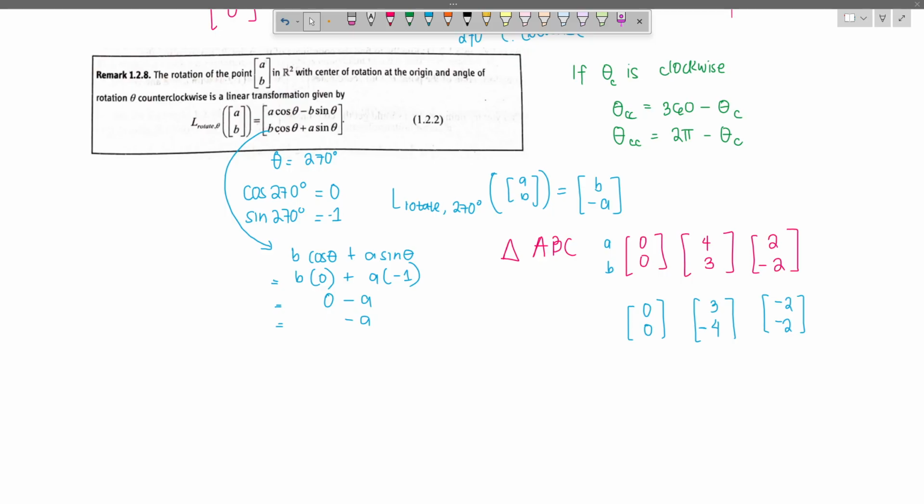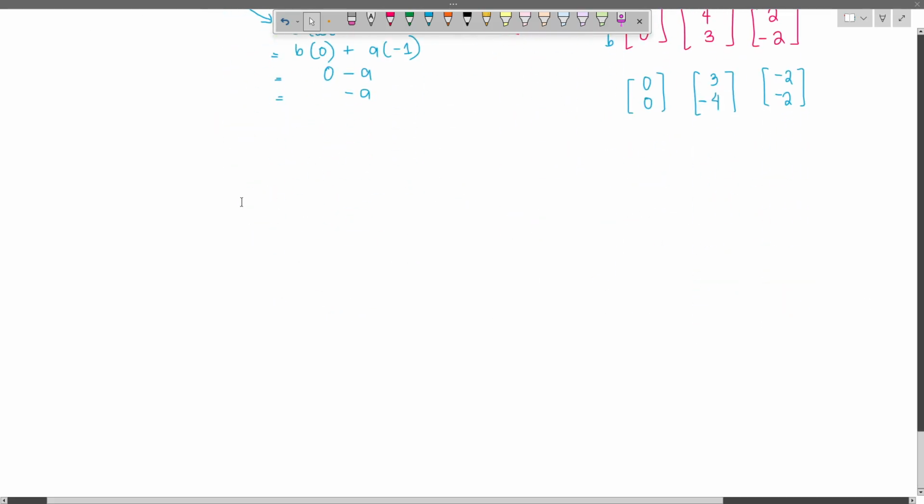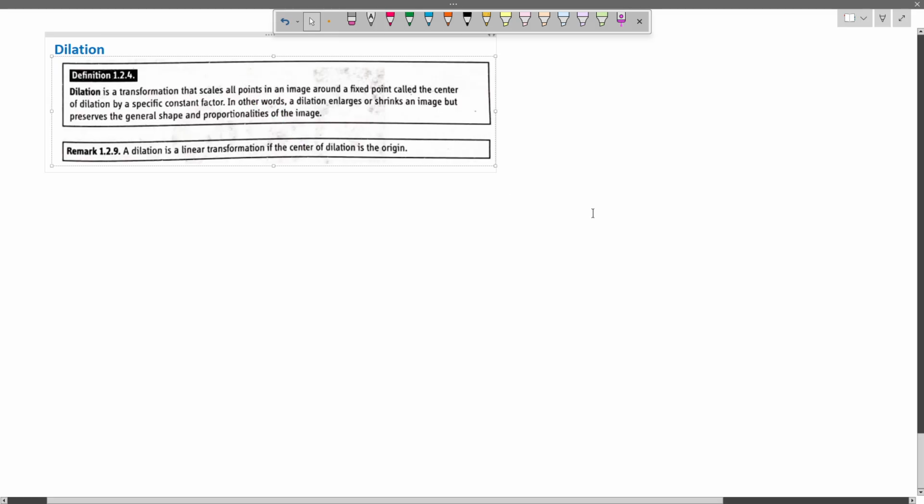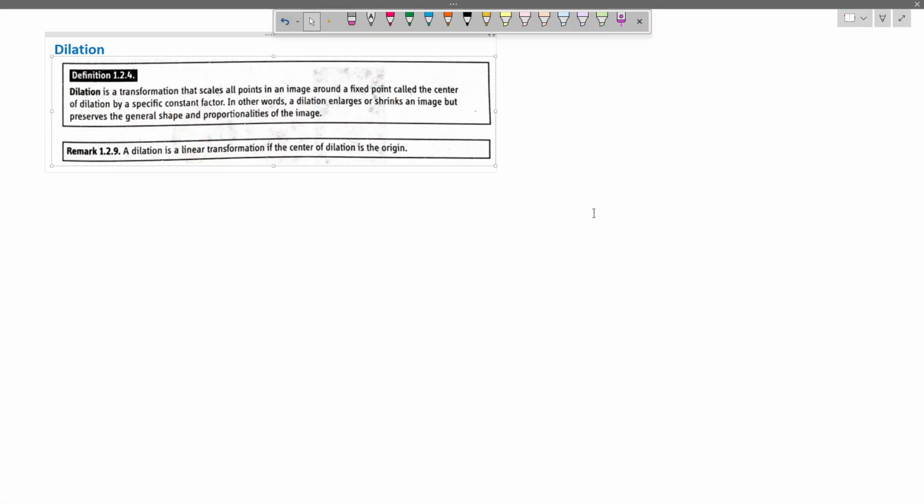Now, for our second type of linear transformation in this video, we have dilation. So the dilation refers to the transformation that scales all points in an image around a fixed point called the center of dilation by a specific constant factor.